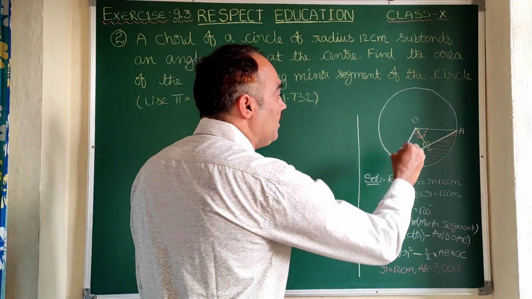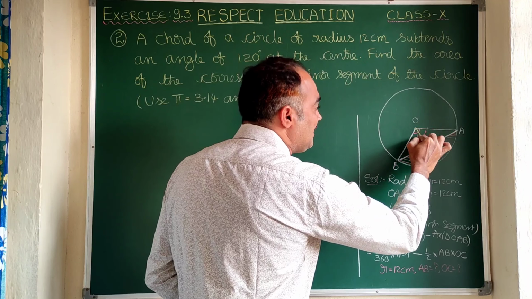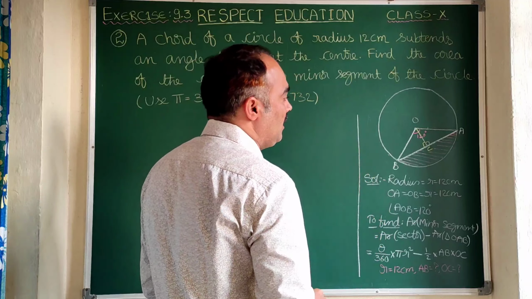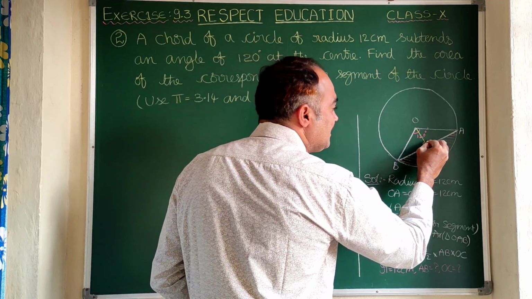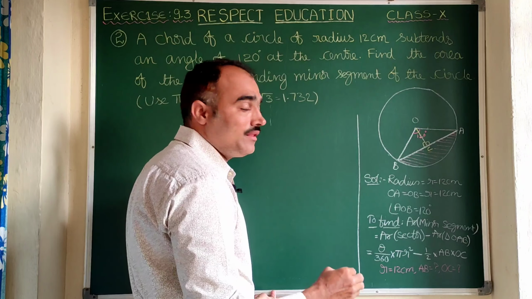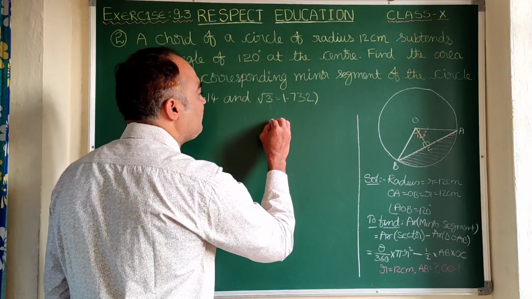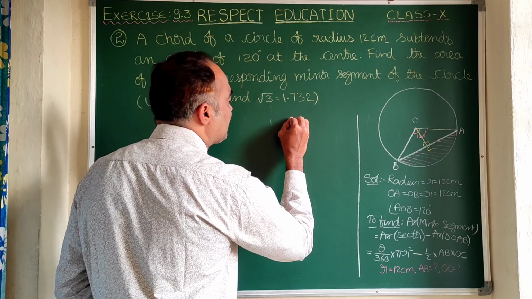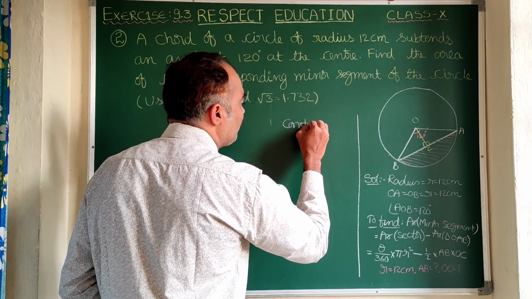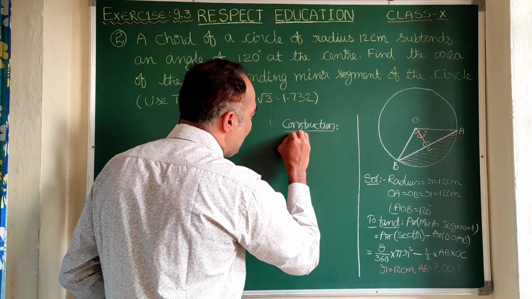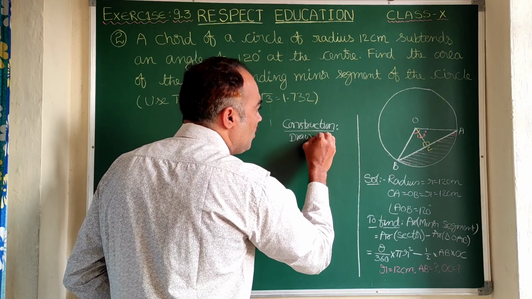Now observe the triangle OAB carefully. Here this is 90 degrees because we have drawn a perpendicular, OC perpendicular to AB. We can write the construction: draw OC which is perpendicular to AB.